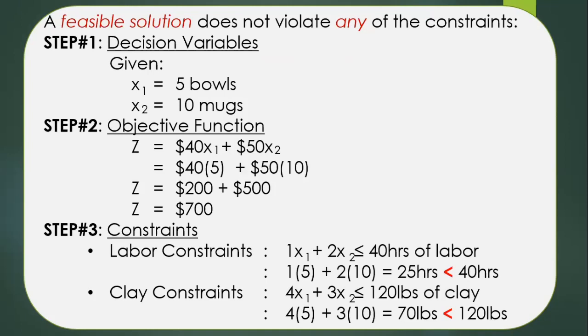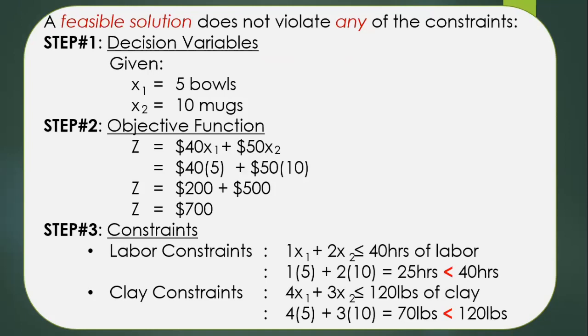And step number 3, how will we check our labor constraint and clay constraint? Because we have two different linear structural constraints: first, labor, and second, clay. For our labor constraint, that would be 1 times x sub 1 plus 2 times x sub 2 less than or equal to 40 hours of labor.